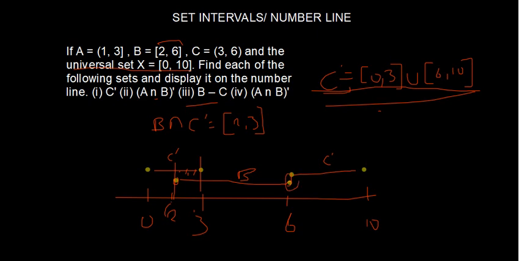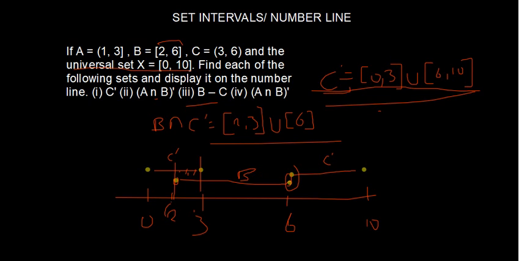This one, a single point, how are we going to represent it? We're going to say union, and since it's just one point and we know it's part of it, we're just going to say 6. Okay. So that is how you present the answer in interval notation.